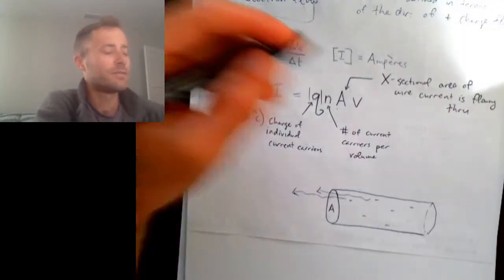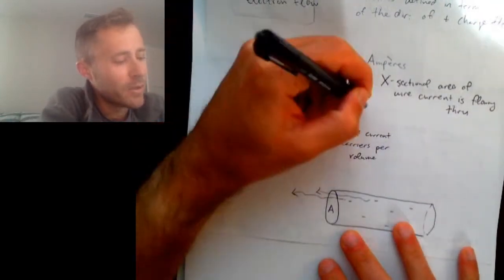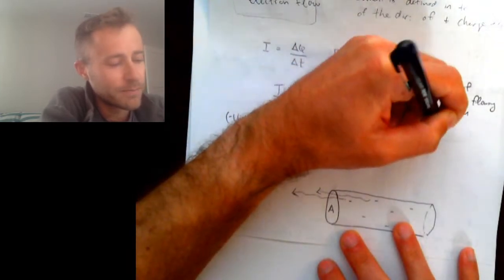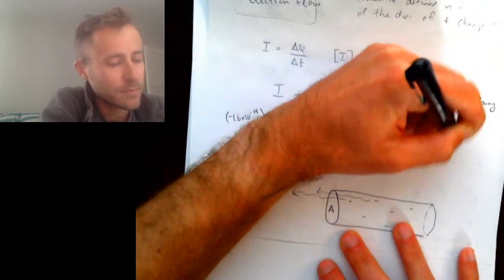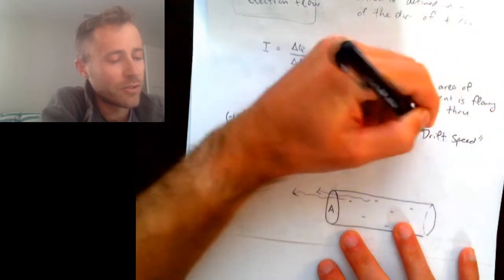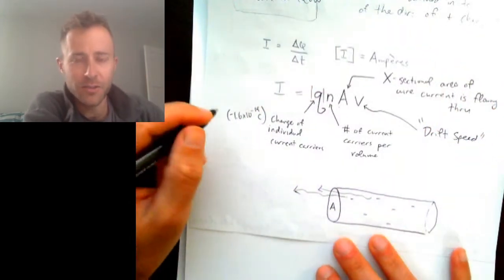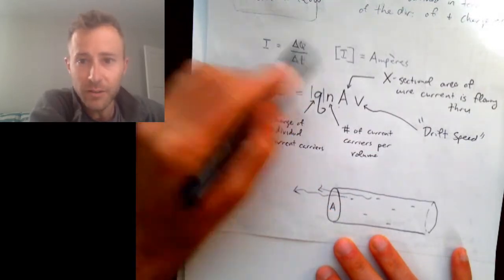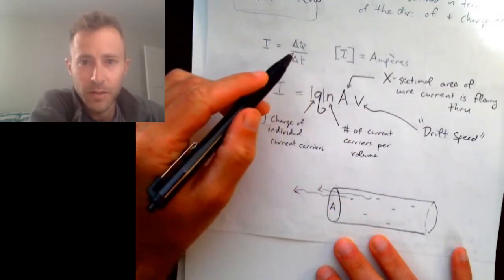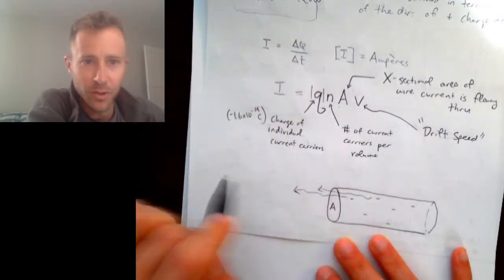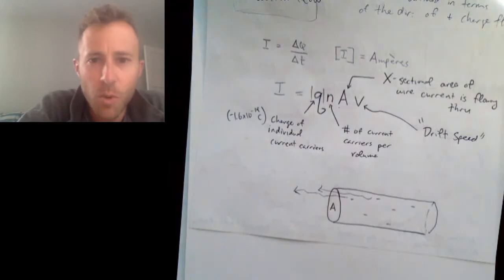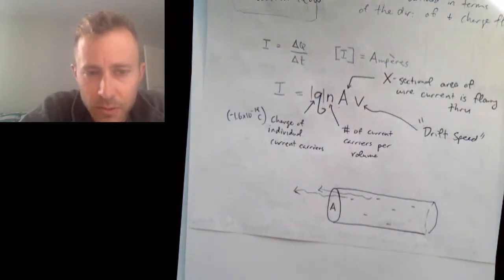And then lastly, the V is called the drift speed, which is basically how fast the charge carriers are moving through the wire. So because it's a rate of flow, the faster they're going, the more charge you have moving down the wire. Now, why is it called the drift speed?